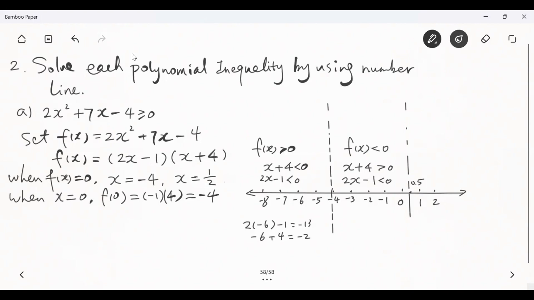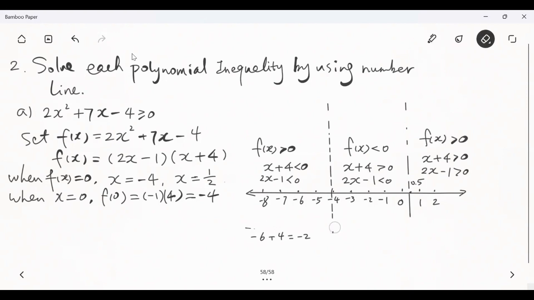So the right side, when x more than 0.5, so 2x minus 1 more than 0, x plus 4 more than 0, so f(x) is more than 0, it's positive, right? So we can check the inequality more than or equal to 0. So this more than 0, this one, and more than 0, this one, right?